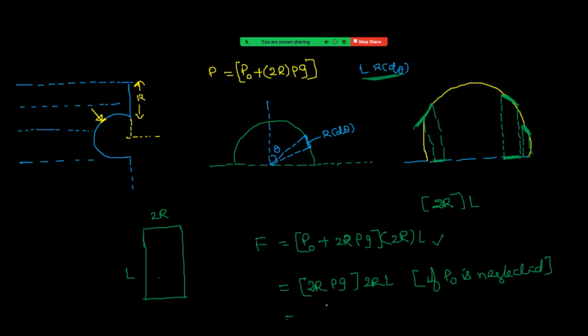That means in that case, answer will be 4r square rho g L. Right. So here main thing is to understand this is the projection area, how we have taken. If you are able to follow that, remaining is very simple.